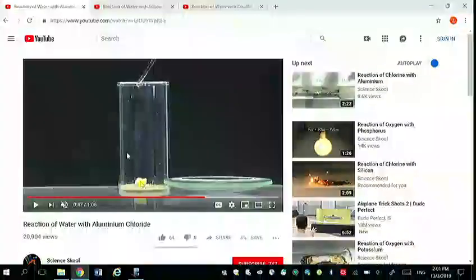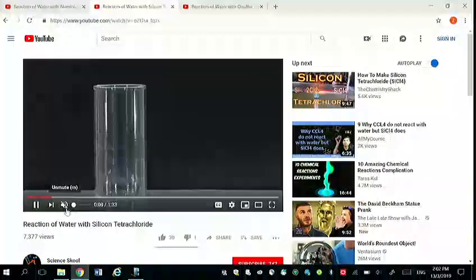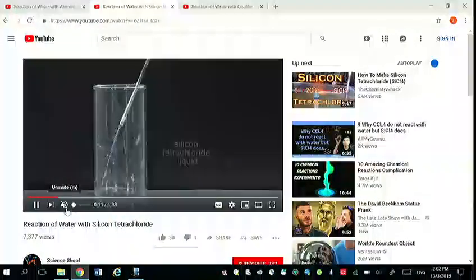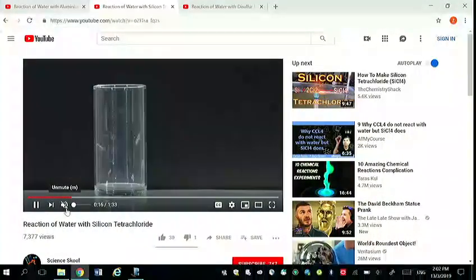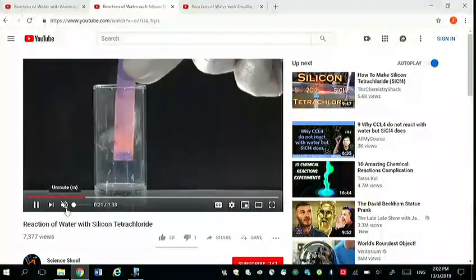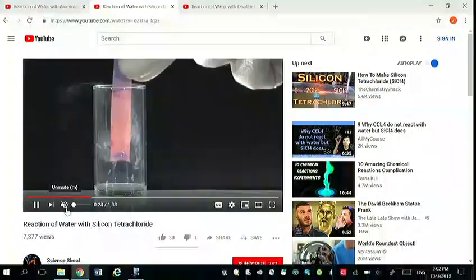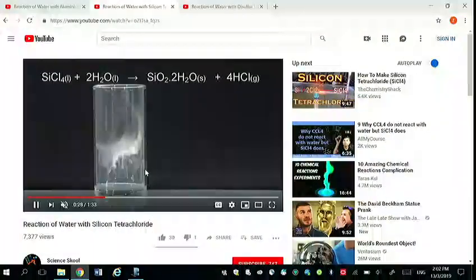So maybe let me just show you some video again. Silicon tetrachloride. You can see that it is in liquid state. There's water inside.